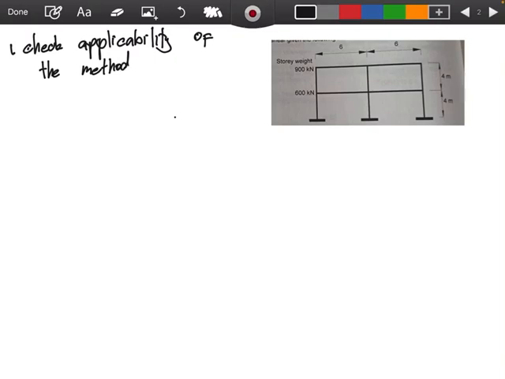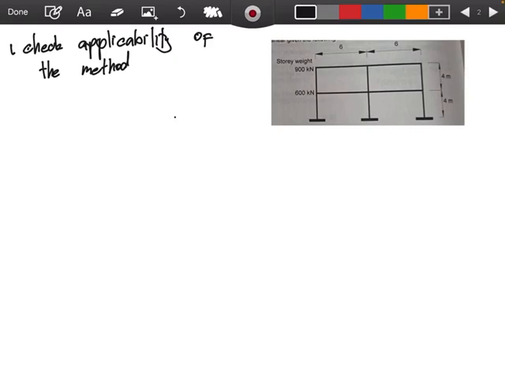In the NSCP, it is said that the simplified static lateral force procedure may be used for structures of occupancy category 4 or 5. These are buildings of any occupancy not more than 3 stories in height, excluding basement, that use light frame construction, or other buildings not more than 2 stories in height.